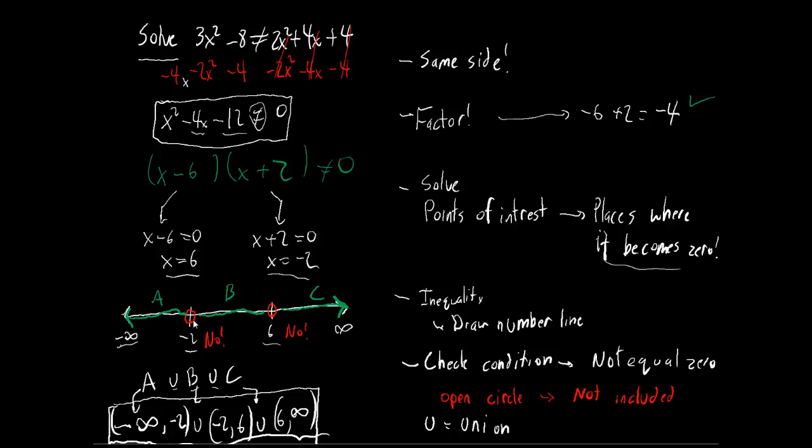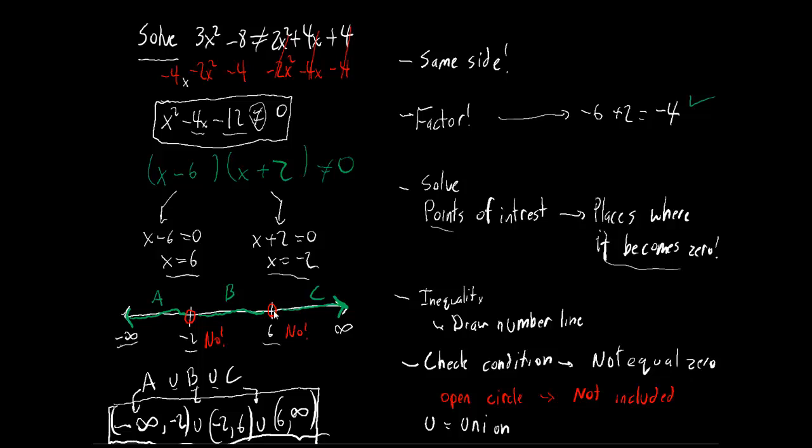So let's quickly recap what we've done here. We had a quadratic inequality, and anytime you have a quadratic, you want to first move everything to the same side. Once you've got everything on the same side, you factor just like you would any other quadratic problem. You solve each piece, and solving each piece gets you your points of interest, 6 and -2. We put our 6 and our -2 on the number line, and then we said the condition that satisfies this problem is that we can't equal 0.